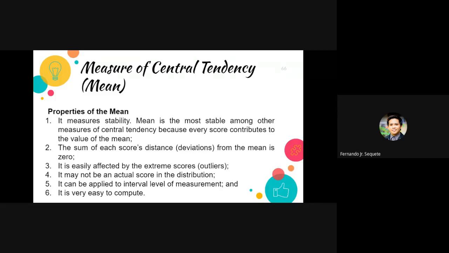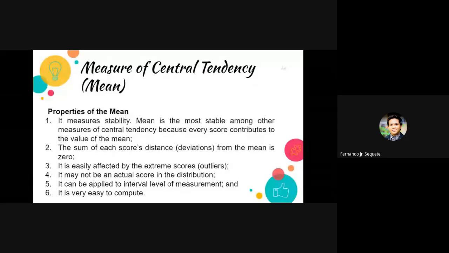That is considered an outlier, and because of that your mean will be affected. Remember that each score can affect the value of the mean.